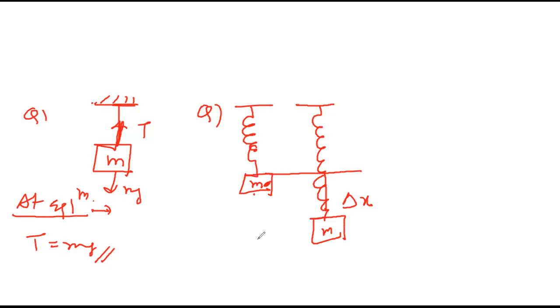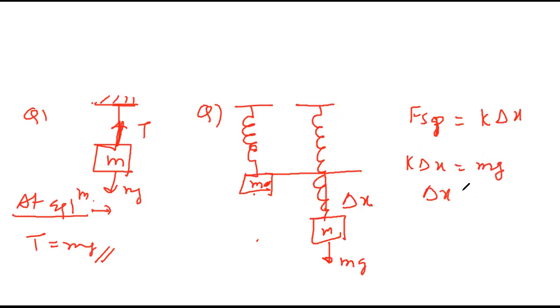For the spring, it will slowly elongate, and slowly the spring force will get developed and balanced. So in this case, the spring force is equal to K times delta x, which balances mg.